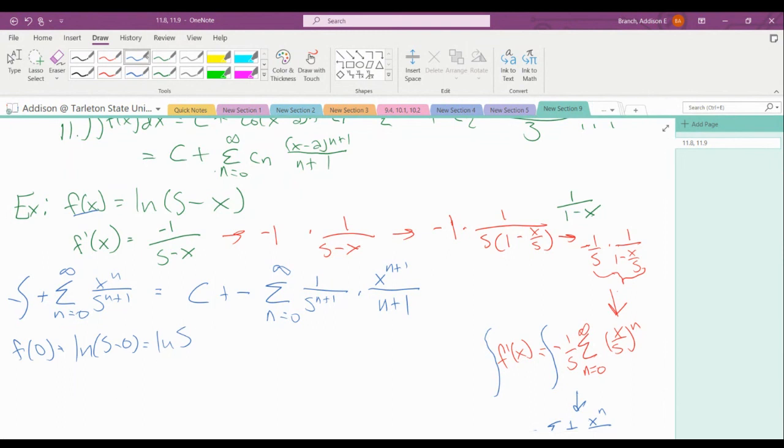Therefore you can say that your final answer is going to be natural log of 5 minus the series from n equals 0 to infinity of x to the n plus 1 over n plus 1 times 5 to the n plus 1.